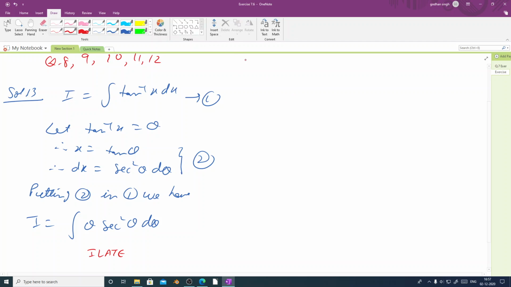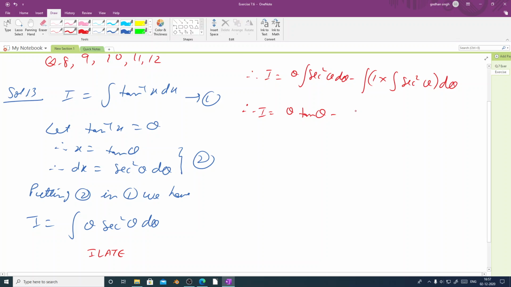Therefore I equal to theta into integration of sec square theta d theta minus, we'll differentiate theta, so we'll be getting 1 into integration of sec square theta d theta. So I equal to theta into tan theta minus integration of tan theta d theta.